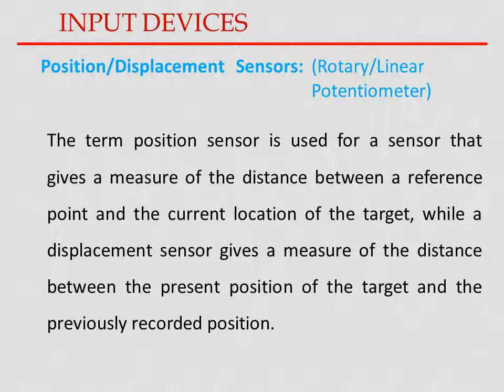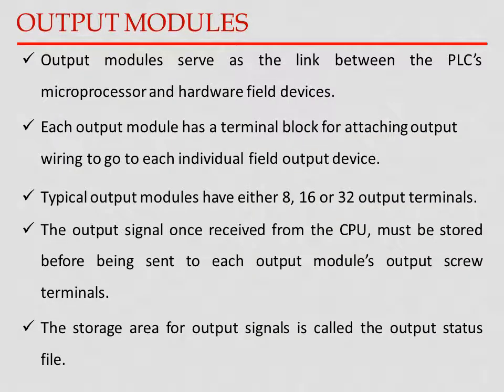The term position sensor is used for a sensor that gives a measure of the distance between a reference point and the current location of the target, while a displacement sensor gives a measure of the distance between the present position of the target and a previously recorded position.